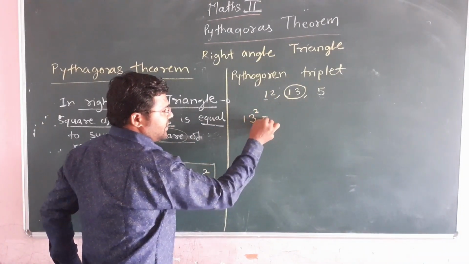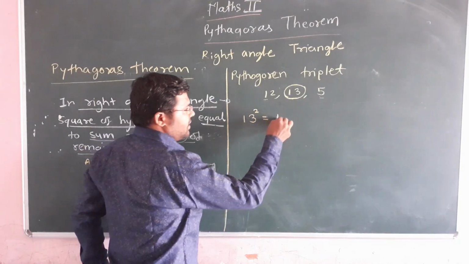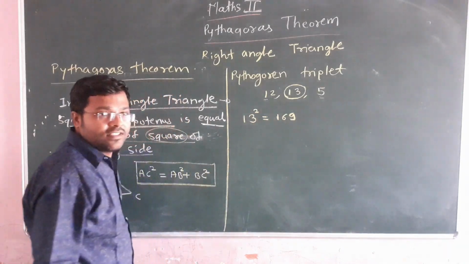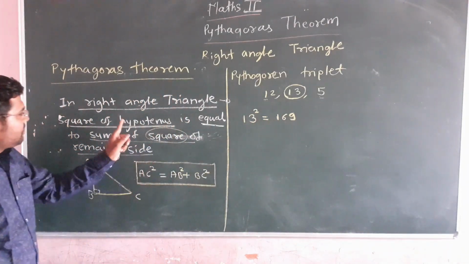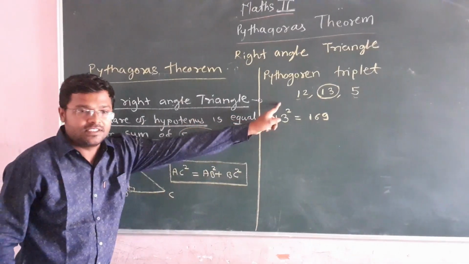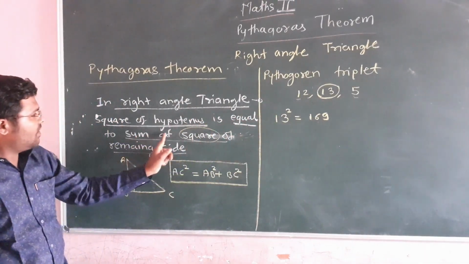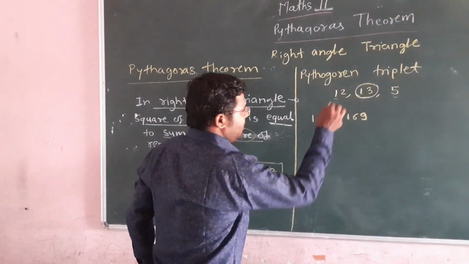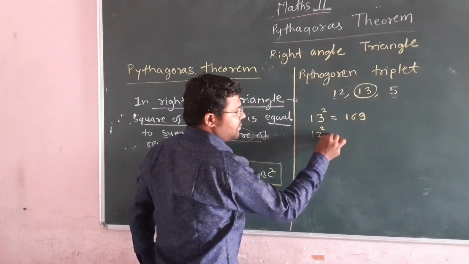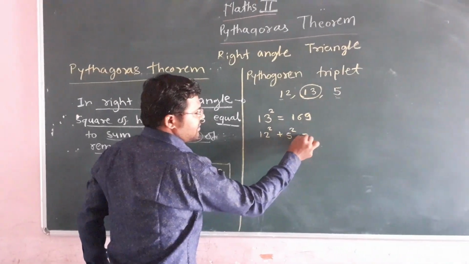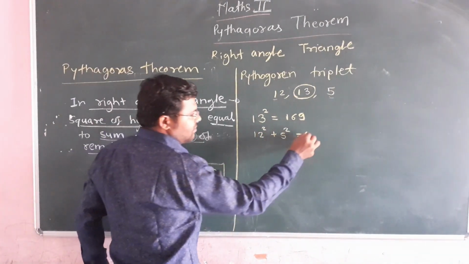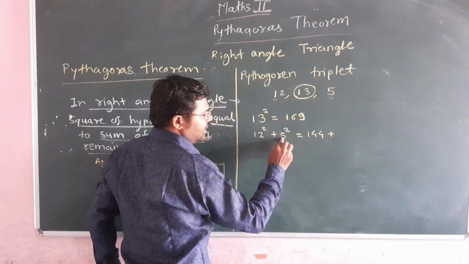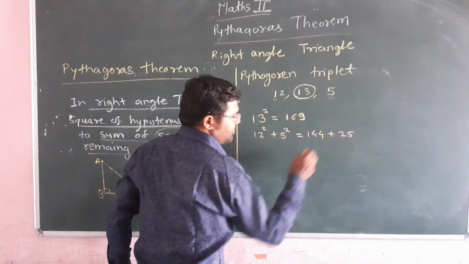So 13 square is equal to 169. The square of 13 is equal to 169. Okay. Now, the square of the hypotenuse, 13 square, should be equal to the sum of the squares of the other two remaining sides. So 12 square plus 5 square. 12 square is 144, plus the square of 5 is 25.